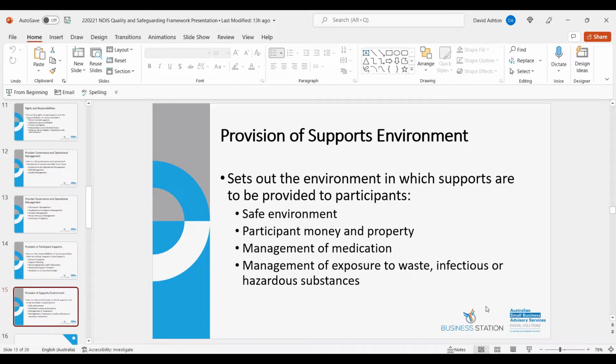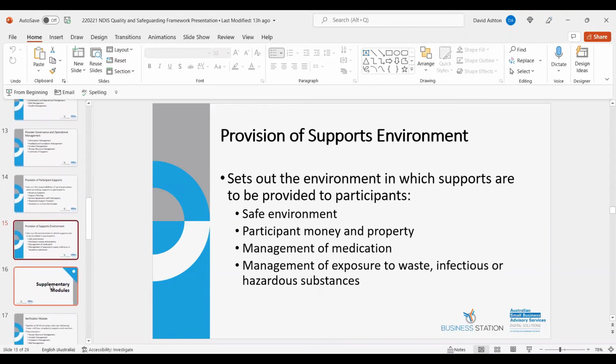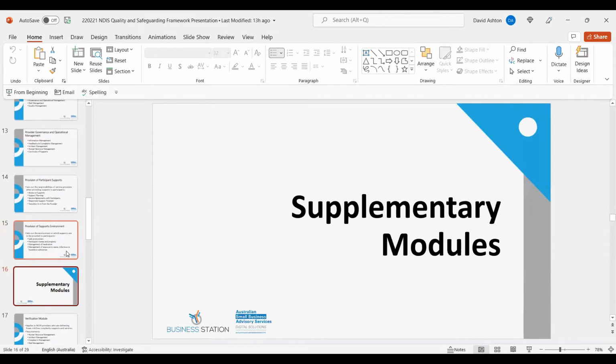Emergency plans are in place where people are exposed to any clinical waste or hazardous substances. And if you have workers that are involved in the management of waste and hazardous substance, that they have received the appropriate training and they ensure a safe and appropriate handling of that. So they're the core modules that you have to comply with.